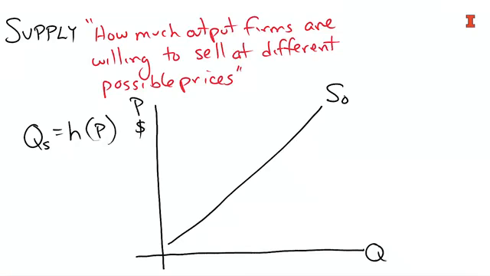If the price were down here, firms don't want to sell too much. If the price were up here, firms would be willing to sell a lot more. That's the fundamental intuition here, that price and quantity are positively related. Higher prices means you can expect higher quantity from the firms.